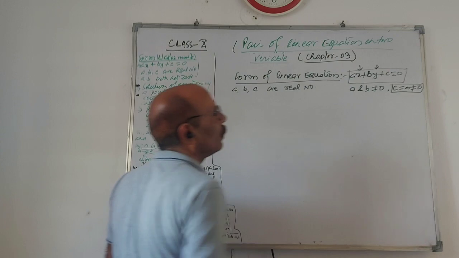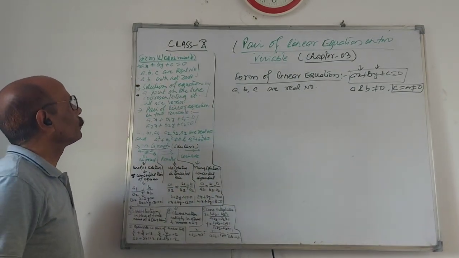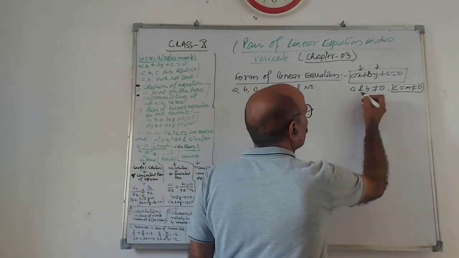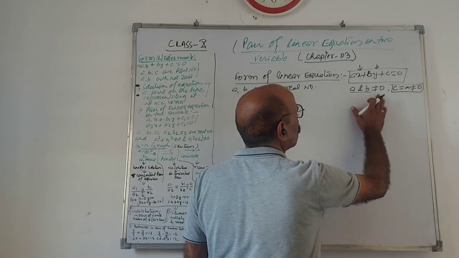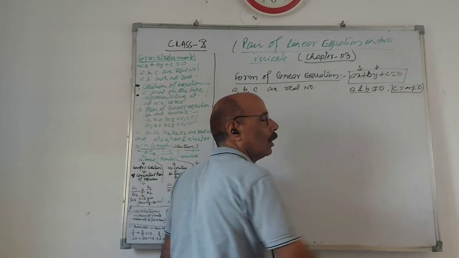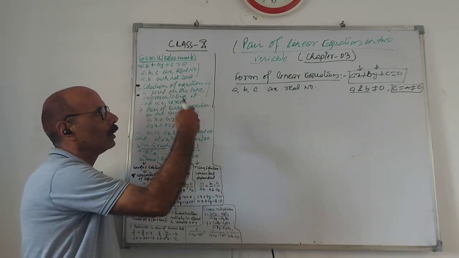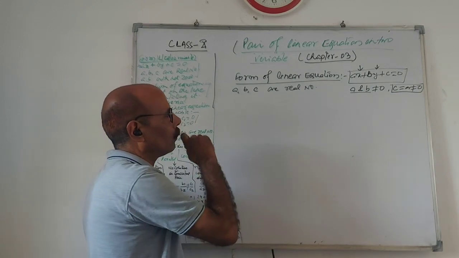That means C may be 0, but A and B both should not be 0 at a time. Then the form of the equation will not exist in the proper form.